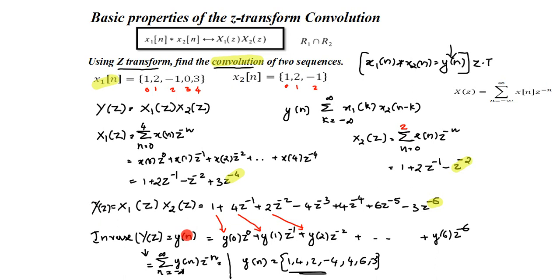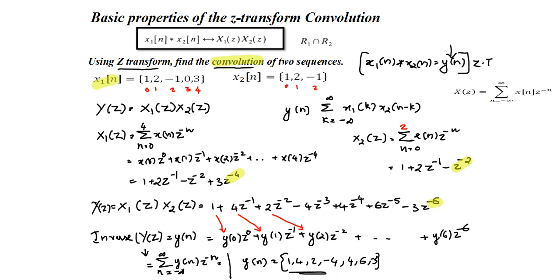To get y of n, we will take the inverse, or we will compare the transform equation with the given equation. If you compare these two equations, you can compare the coefficients. From this you will get the idea that the signal starts from 0, 1, 4, 2, minus 4, 4, 6 and minus 3.